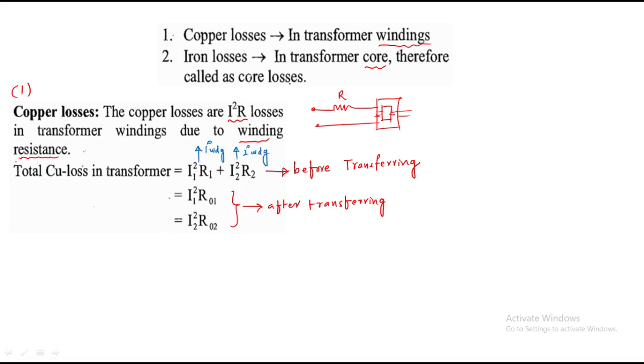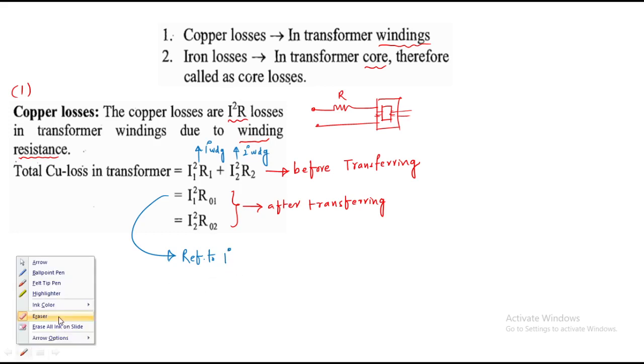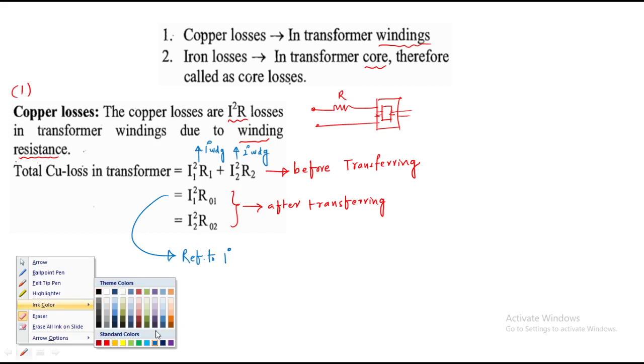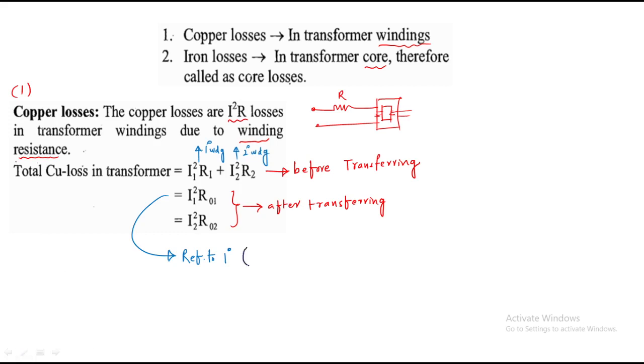But coming to this one, it is referred to the primary winding. Referred to primary means transferring of a resistance from secondary to primary. Clear?